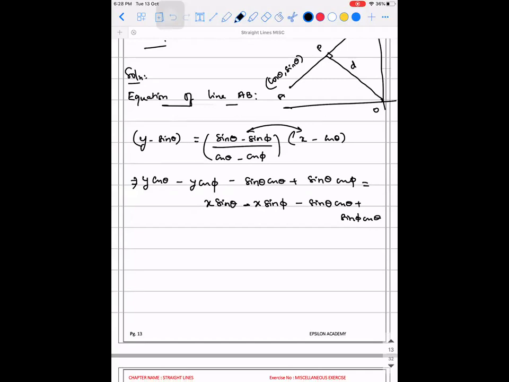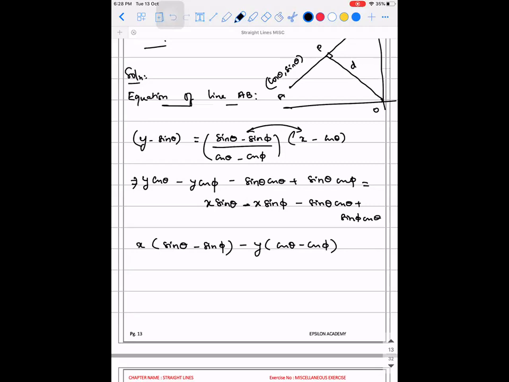Okay, so collect all the terms together. So x into sin theta minus sin phi minus y into cos theta minus cos phi.